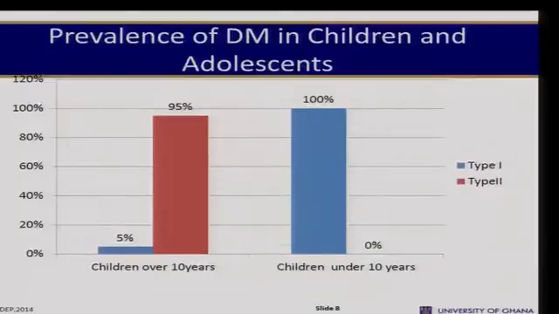Prevalence. If you look at the graph that I have exhibited here, for children under 10 years, you see from the literature that 100% of the diabetes they have is type 1.